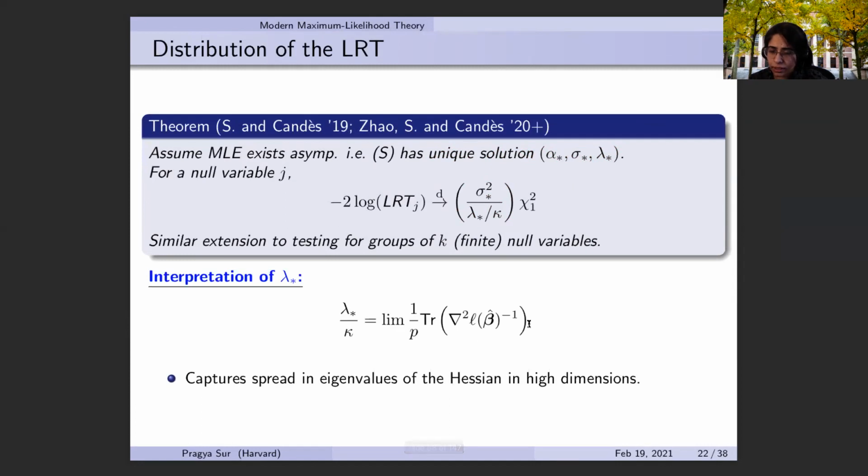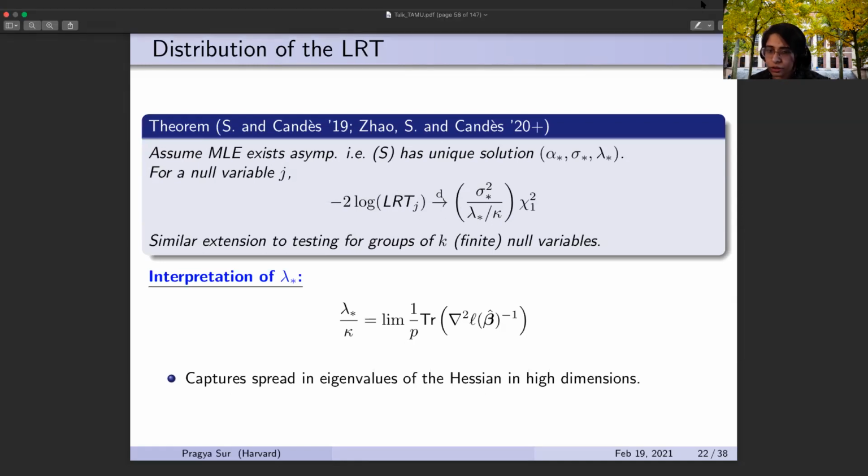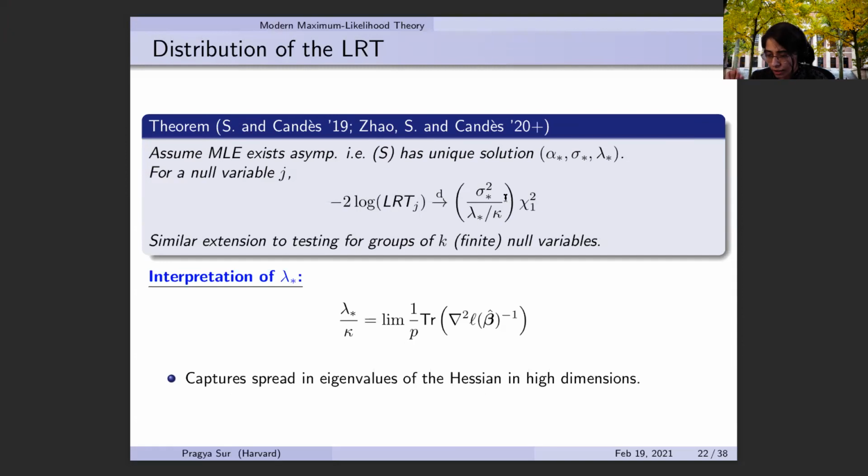Now in classical statistics, you can write a Taylor expansion for the log LRT. If you're testing for the jth coefficient, the expansion involves the jth coefficient of the MLE. So you get beta hat j squared divided by some object, but what you divide by essentially cancels out the variance of that coefficient, and that gives you a chi-square 1.